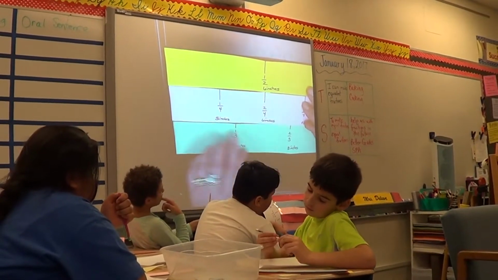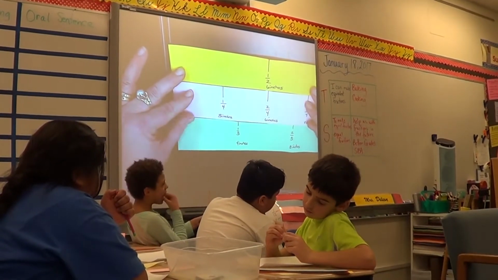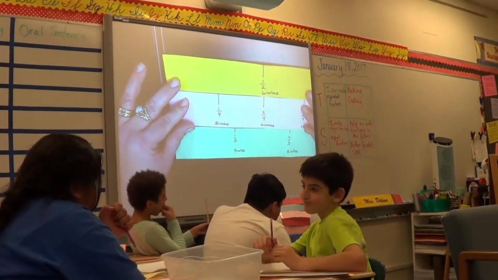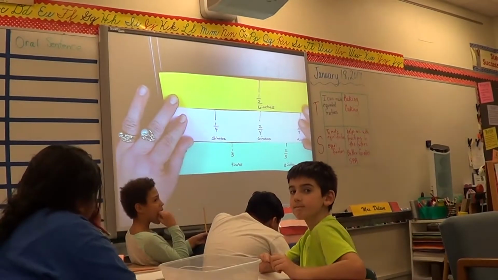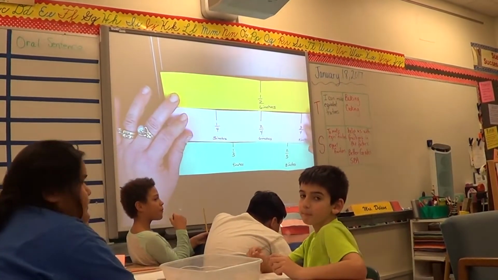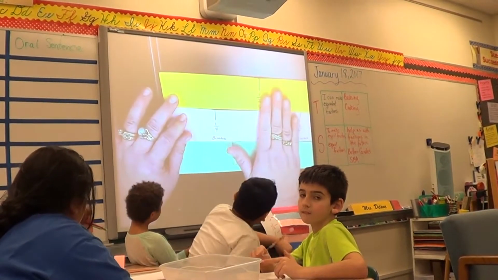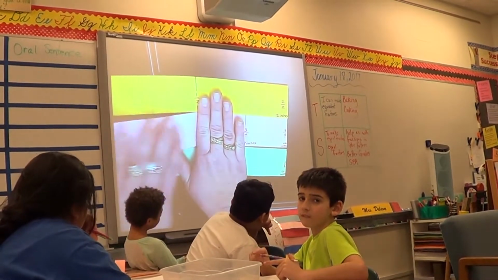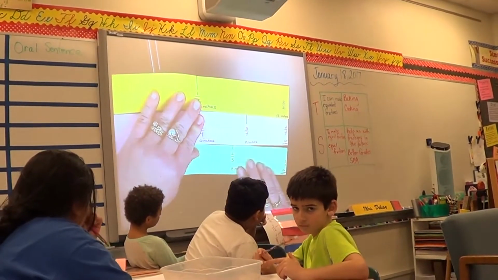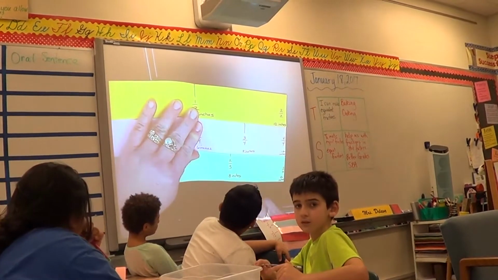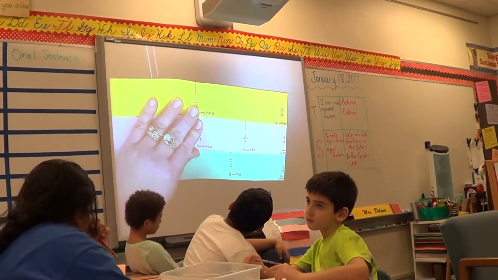Okay, so if you were to put these all together and you used your ruler and you marked them to the inch like you were supposed to, they should line up. Now I'm going to move this down so you can see the other side here. Do any of the other numbers line up? No. Aubrey, what do you think?